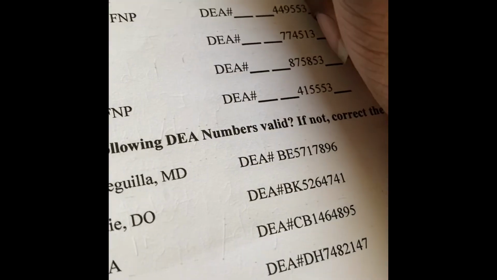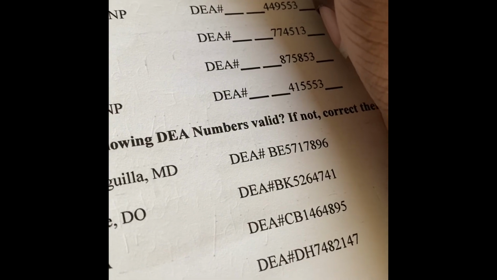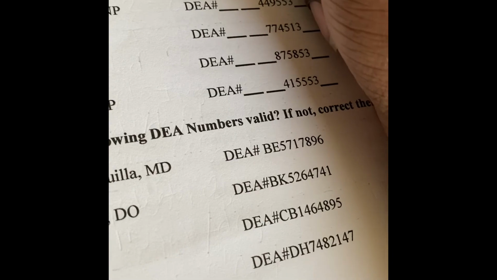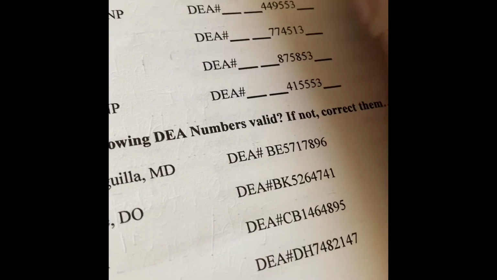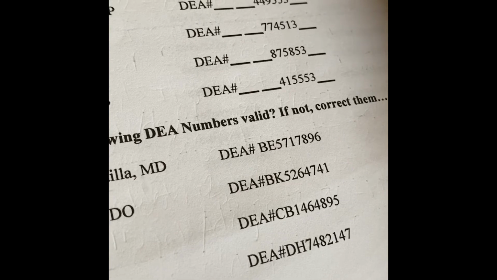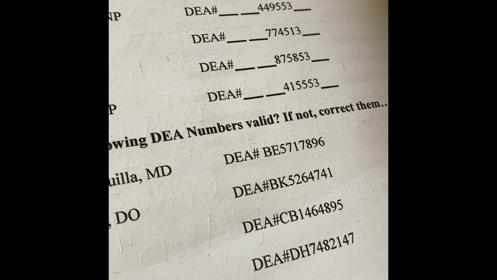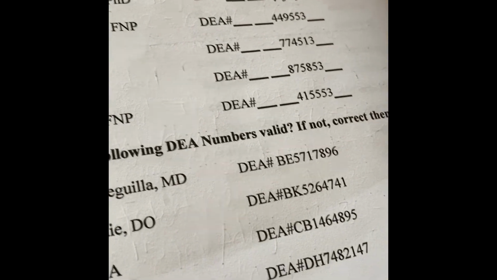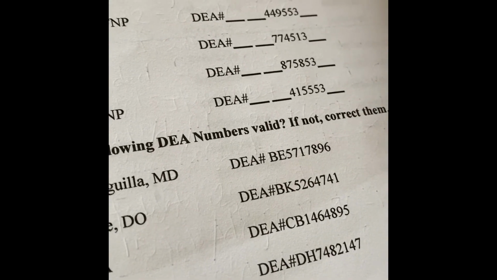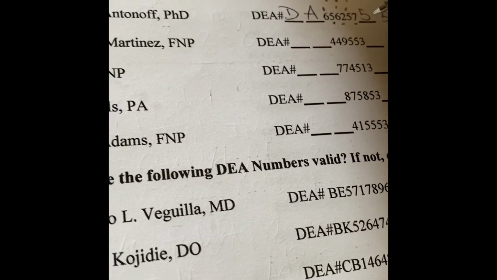And then we're going to do 6 plus 6 plus 5, which equals 45. And then 5 would be the last number.